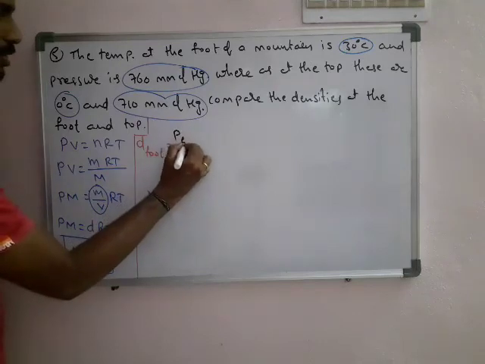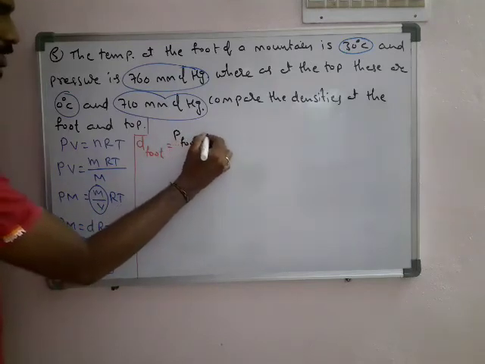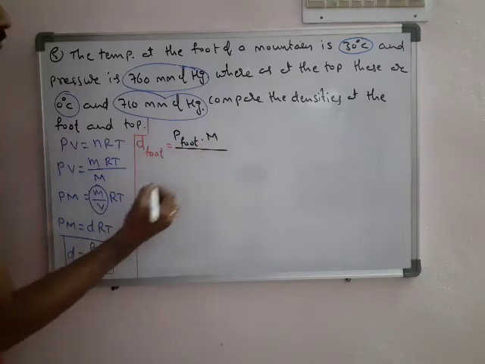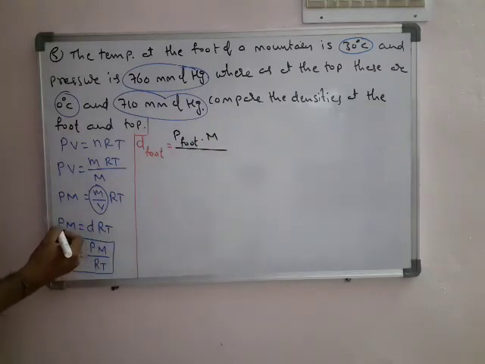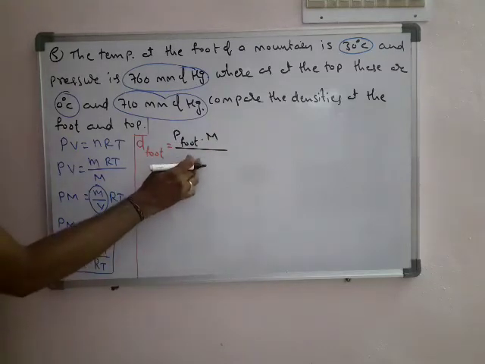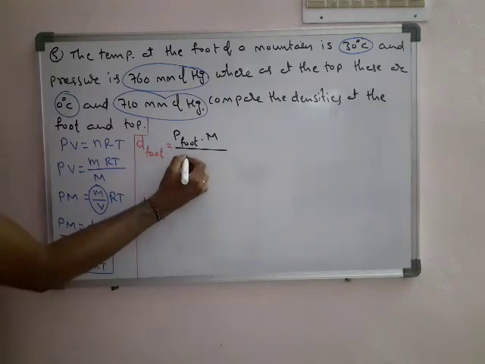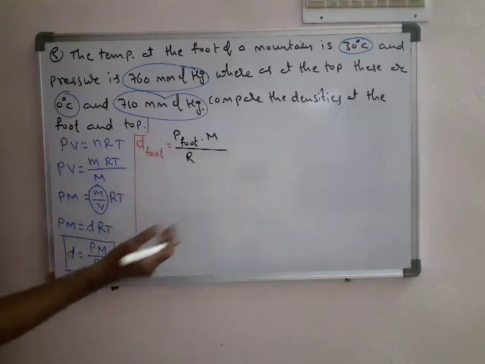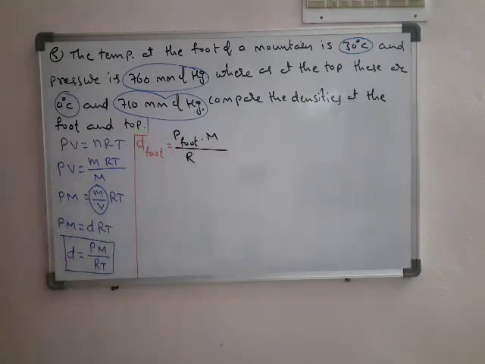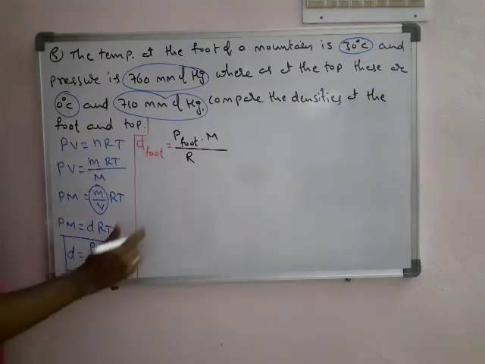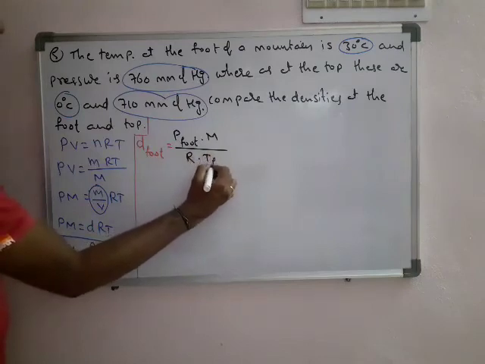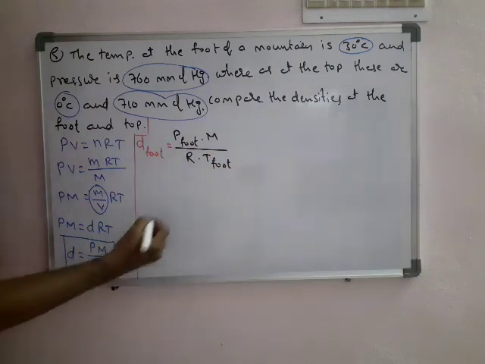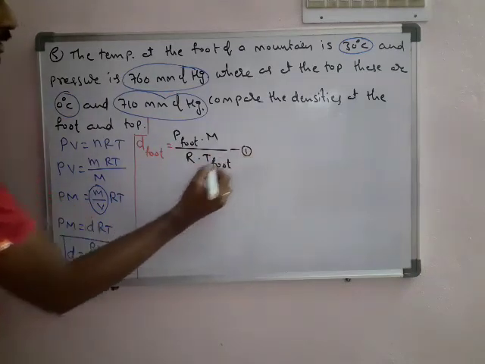Pressure at the foot, M. Next, what is R? R is a constant. Here molar mass is also constant. Next, T. The temperature will be changed at the foot. Say it is equation 1.